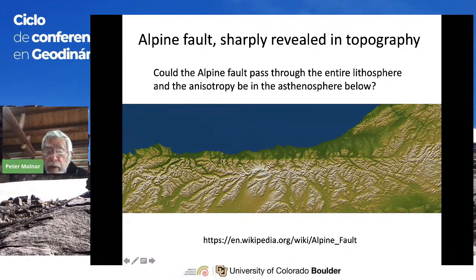So this Alpine Fault dips under the mountain range, but it doesn't just spread out in a shear zone in the crust, but is a fault going all the way through the mantle lithosphere. And hence the anisotropy would be in the asthenosphere below. There are plenty of places in the world where seismic anisotropy is in the asthenosphere. This is a quite reasonable possibility.